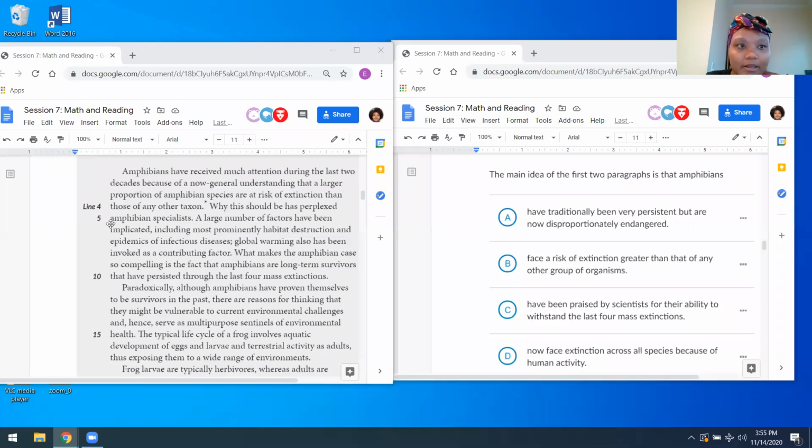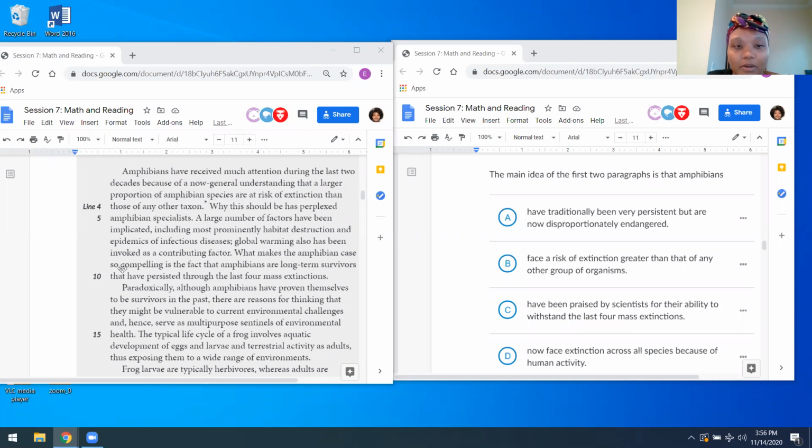This is line 5, 4, 3 here. Line 3, it says a proportion of amphibian species are at risk of extinction. Sorry, let's start at line 2. A larger proportion of amphibian species are at risk of extinction than those of any other taxon.